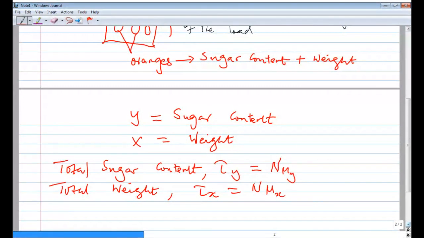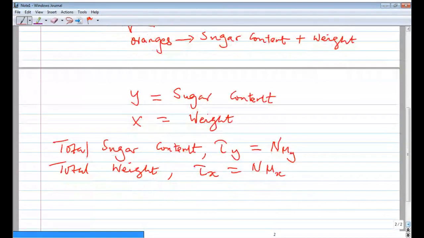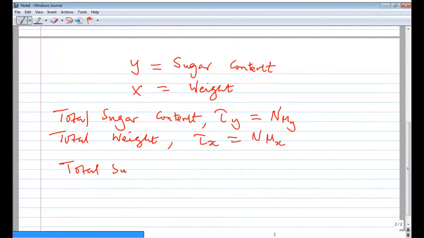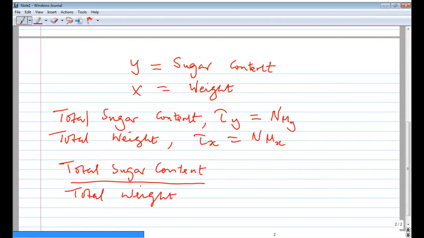I think we are together. Then, if you want to divide the total sugar content by the total weight, what do you get?